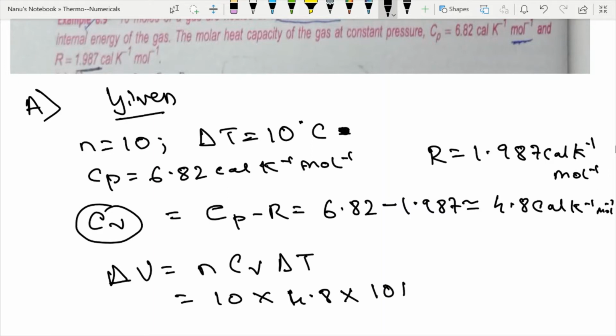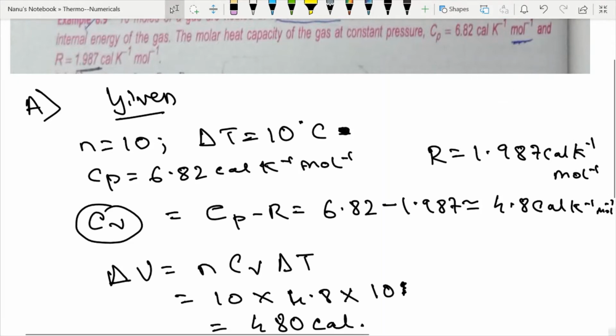So let us take 10 Kelvin, it's the same thing only. So I'm not writing the units. So the answer of this will be around 4.8, so around 480 calories. So that's the answer.